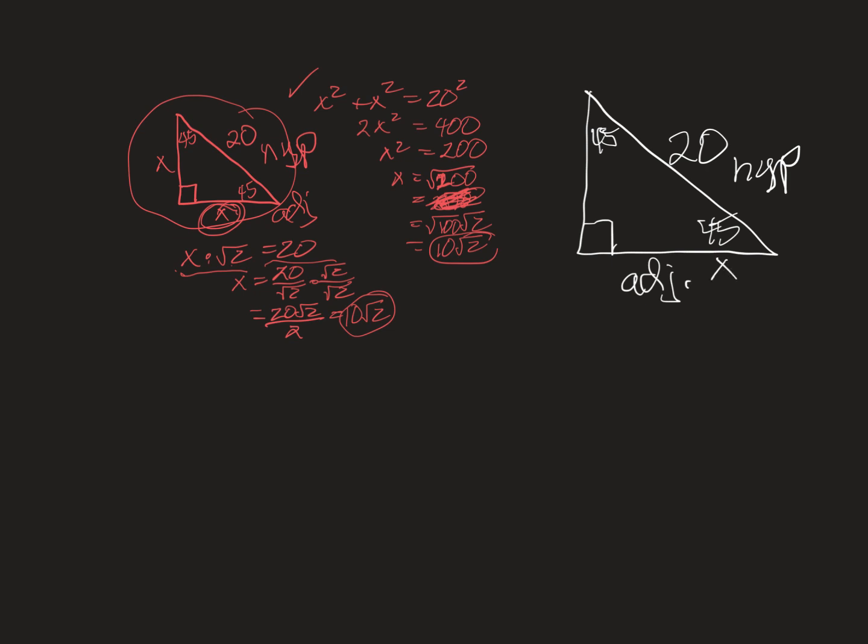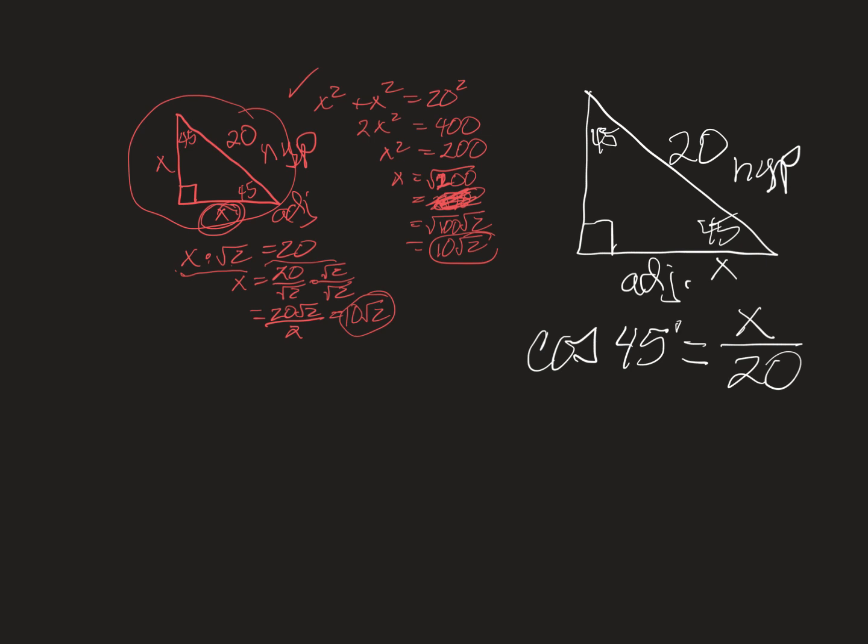Okay? So that means I would end up saying the cosine of 45 degrees is equal to the adjacent over the hypotenuse, x over 20. And this is very typically how we would write this out.